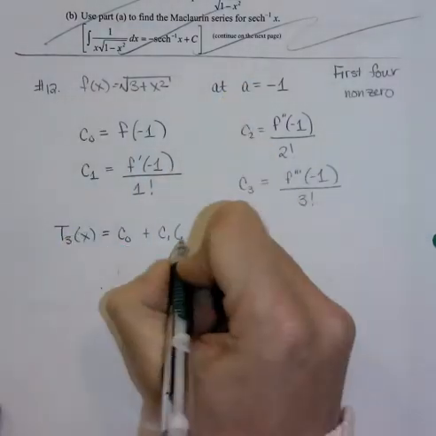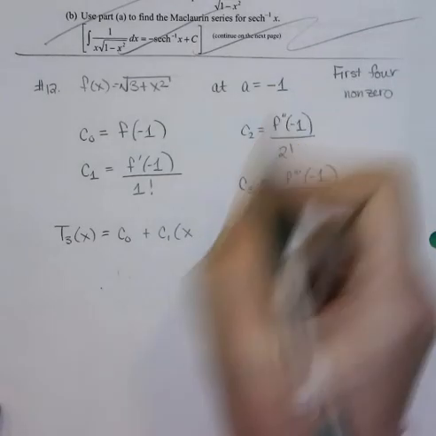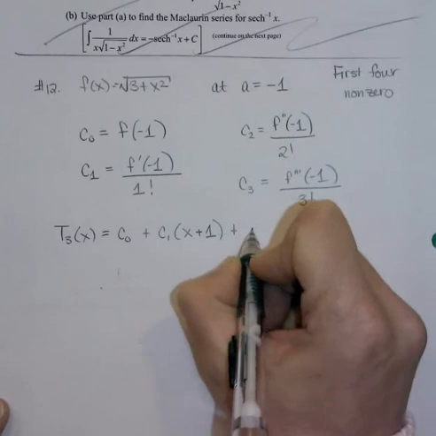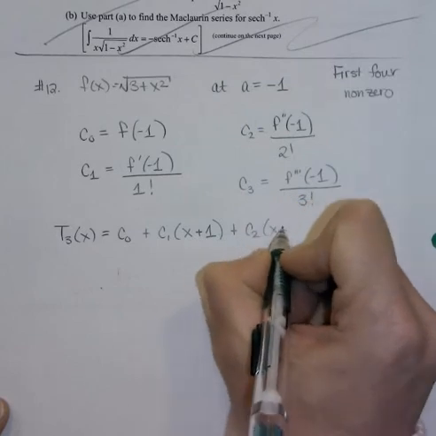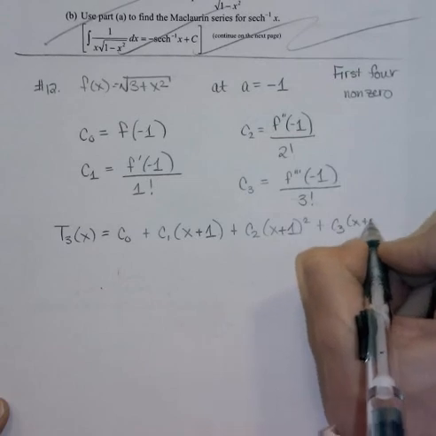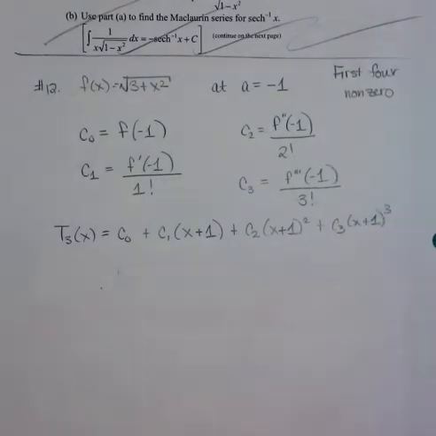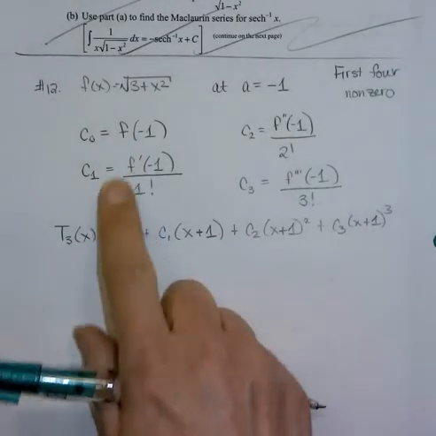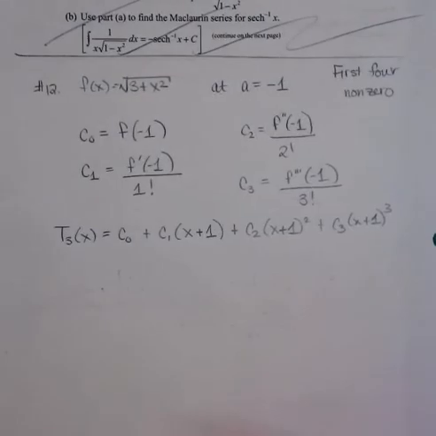Here it's x minus -1. So we would have x plus 1 to the first, and then plus C2 x plus 1 squared plus C3 x plus 1 cubed. So those are going to be the first 4 terms. So we have to find the constants, which involve finding the first, second, and third derivatives.